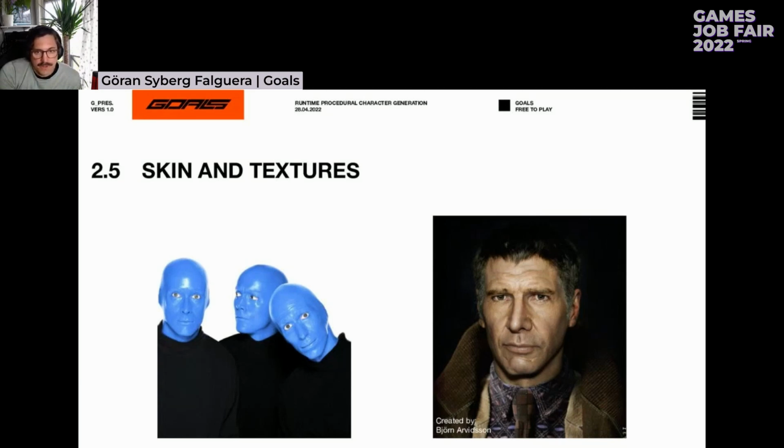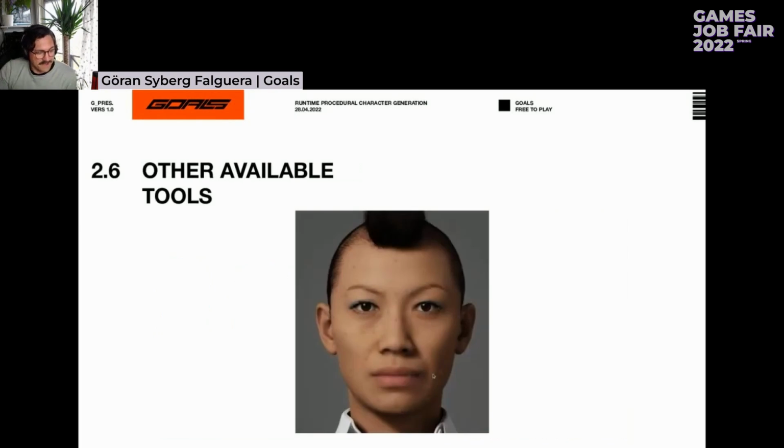Now, there are other tools on the market to create characters, and you're thinking, why don't you use them? This, for instance, is a screenshot from Epic's MetaHuman. Really cool stuff. MetaHuman is a cloud-based service, and you log in, you create your character, and then you can export them and use them in Unreal Engine.